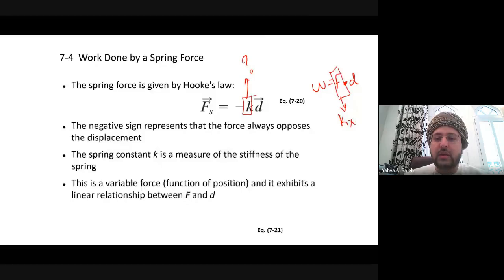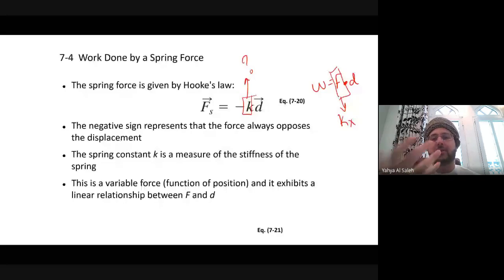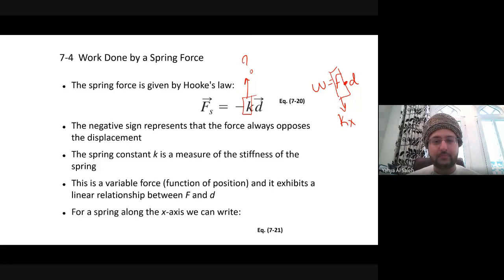So if you have two springs, one harder than the other, the harder one will have a higher K value. The easier one to pull will have a lower k value. For a spring along the x-axis, we can write F equals minus kx.